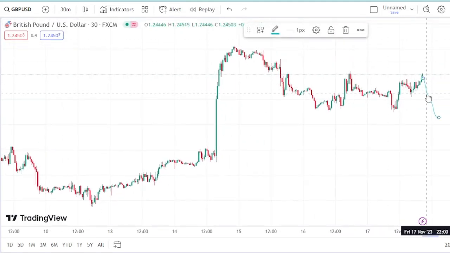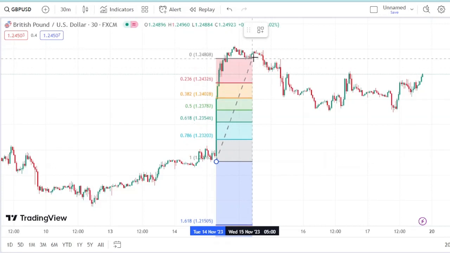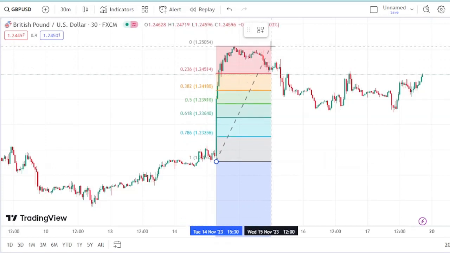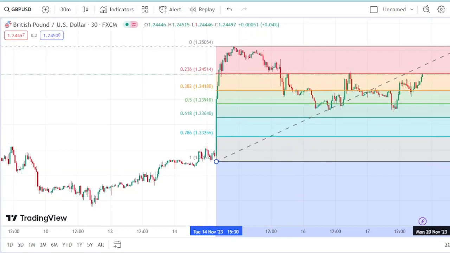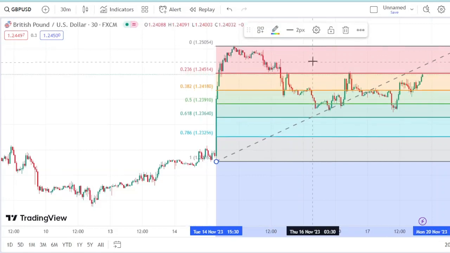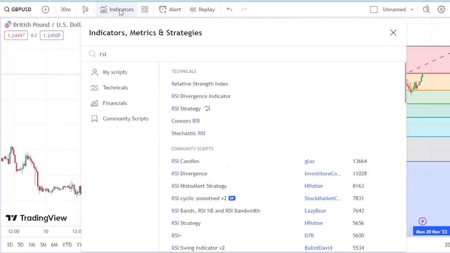So I would apply my Fibonacci retracement. Let me just drag it here, and then also apply the RSI.